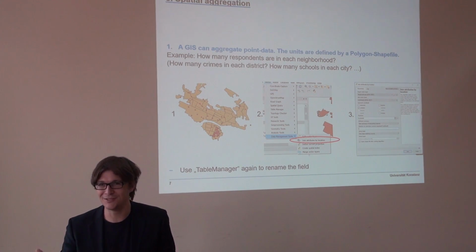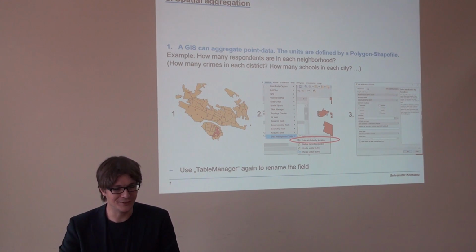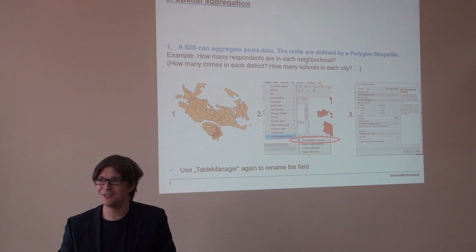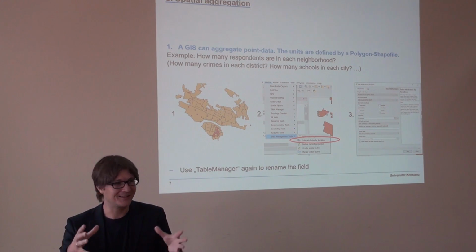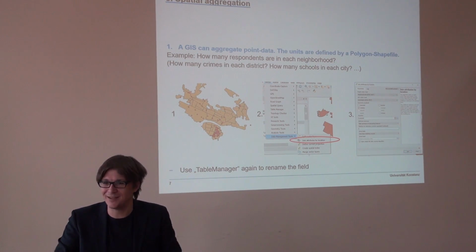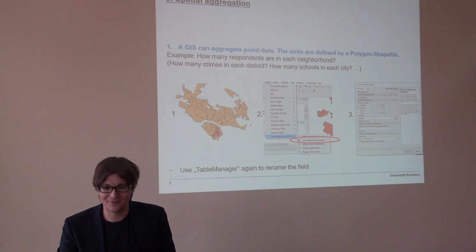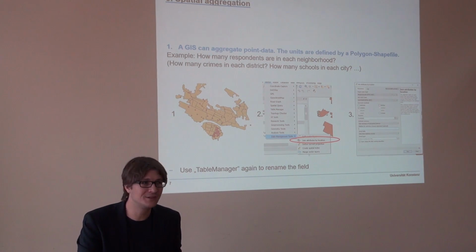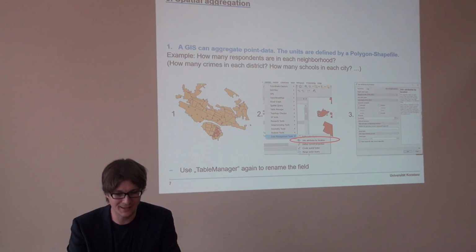But you can also easily find more research questions, like how many crimes are committed in each district, or how many schools are in each city. So as long as you have districts or areas, you can calculate some measures of aggregation, which can be counts or means or whatever you like.